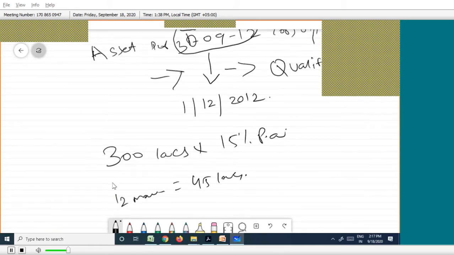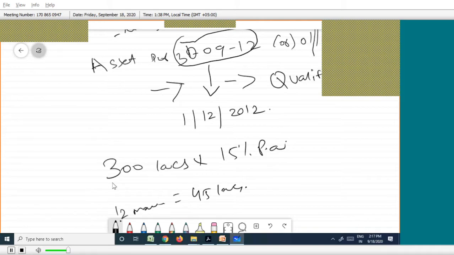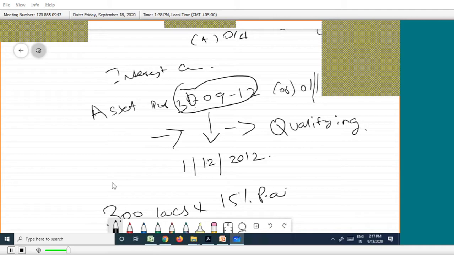So what is the duration between 30/9/2012 and 1/12/2012? How much difference totally? I think the 10th month plus the 11th month, 2 months. In these 2 months the asset is getting ready, which means it is of qualifying nature.